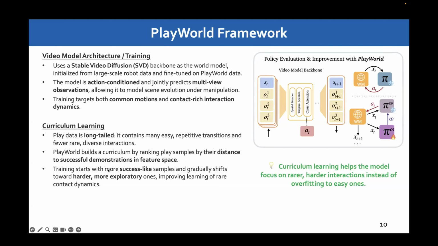So what this means is that the training will start with more success-like samples, successful demonstrations, and then once the training is progressing, it will gradually shift toward more harder exploratory ones. And this improves learning of the contact dynamics to be more generalizable.